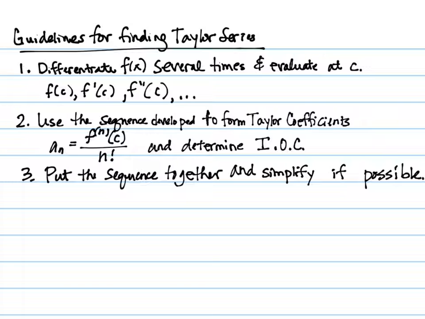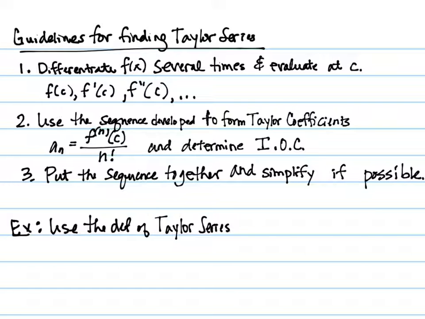Okay, so we're going to do an example. I think I've got enough space on this page to do it, or if not, I'll shrink what I've already written. So we're going to use the definition of Taylor series to find the Taylor series centered at c.